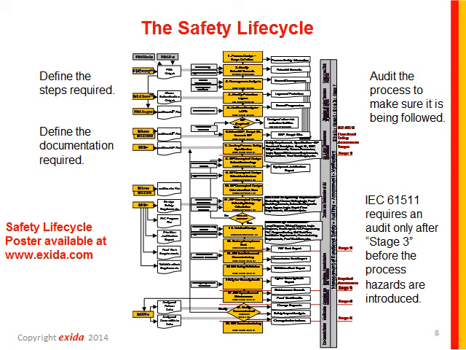A safety lifecycle needs to be audited to make sure the process is being followed. And lastly, there is a concept of functional safety management verification, where a company must check to see that you're not only following the process, but the people doing their work are competent to do their work.